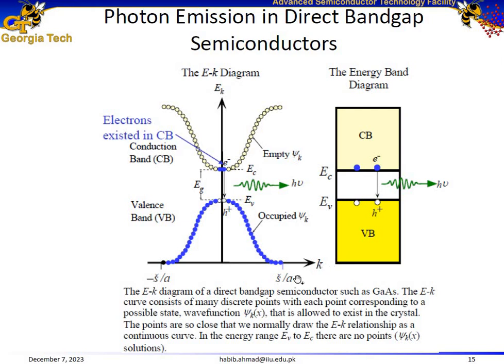And we know that generally holes have a tendency to move to the top of the valence band, and electrons have a tendency to move to the bottom of the conduction energy level.